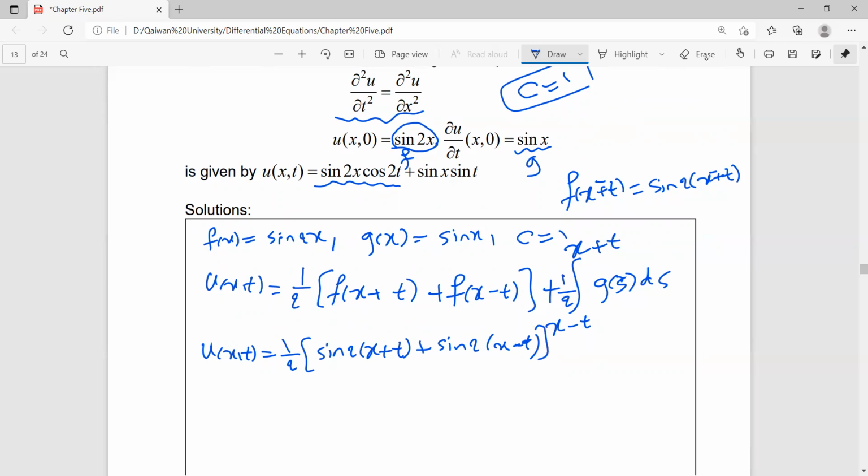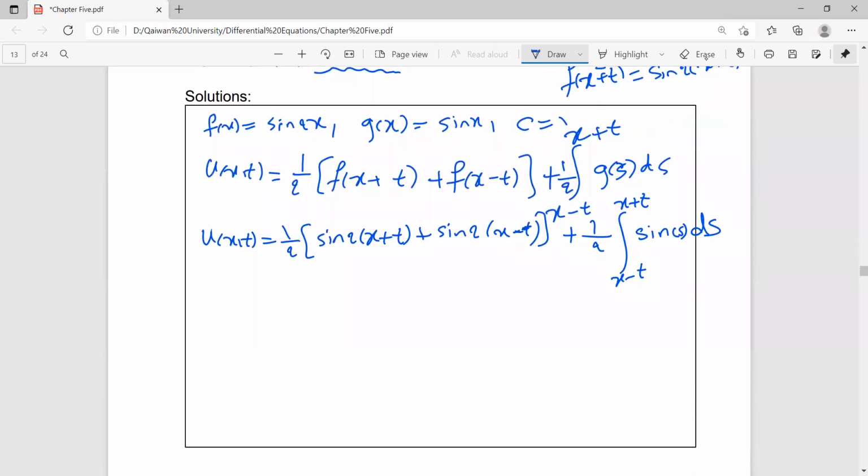Okay, then we close the bracket, and then we have 1 over 2 the integration from x minus t to x plus t of g of s. g of s here is sine s ds.